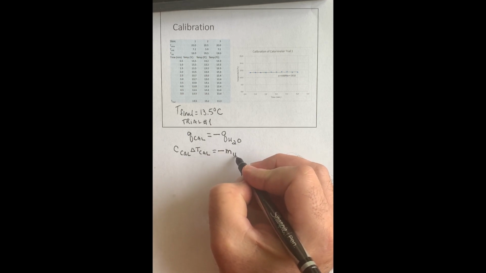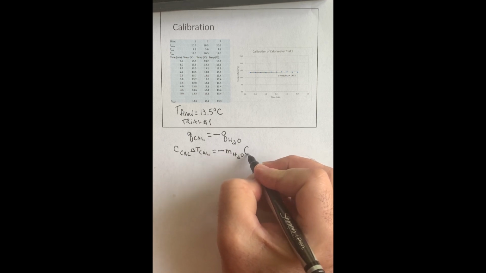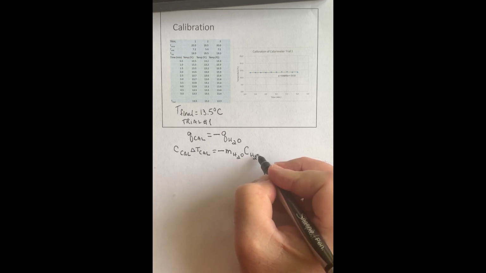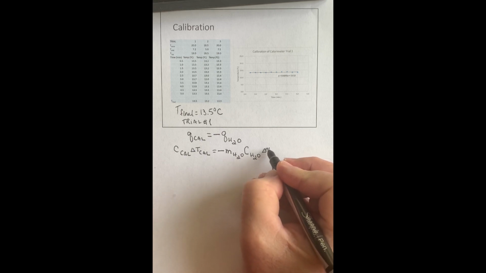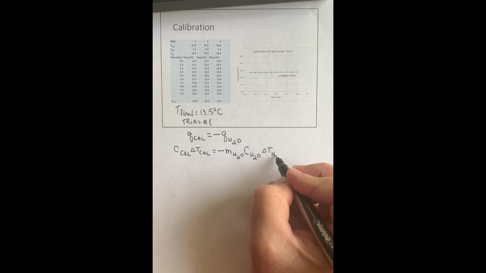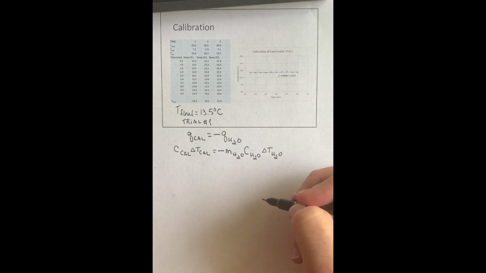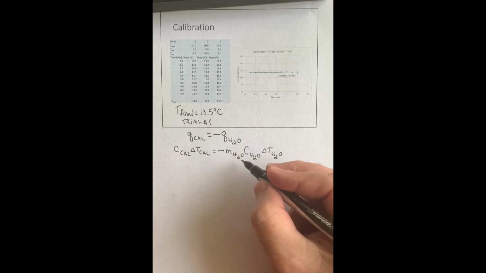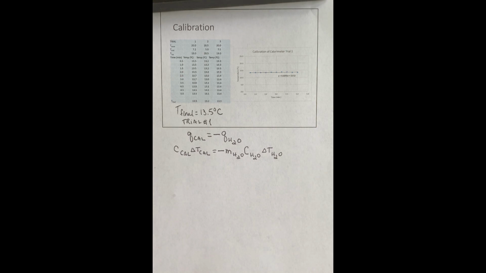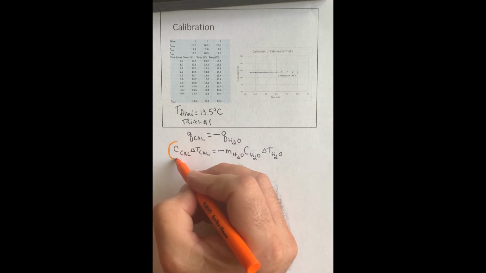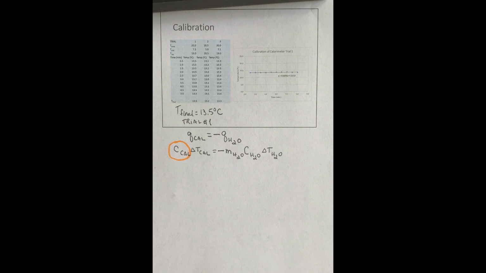So the mass of the water times the specific heat of the water times the temperature change for the water. This is what we have. So let's rearrange this equation so that we can isolate our unknown, which is the heat capacity of the calorimeter. That's what we're doing this experiment for.